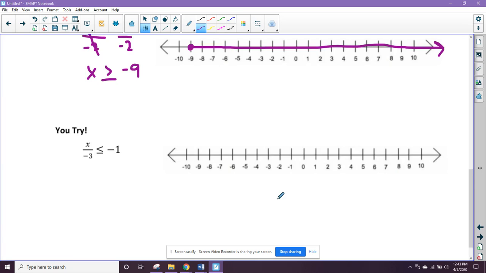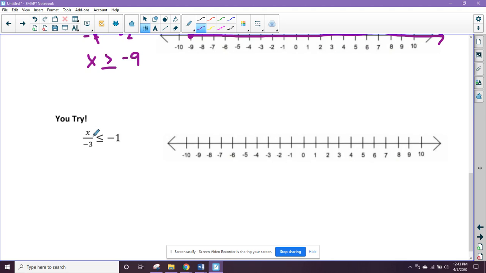And then the last one. We have x divided by -3. We have a division problem. So to get rid of that, we have to do the opposite. So we have to multiply. So we're multiplying by -3 to both sides. Cancels out here. So we're left with x.